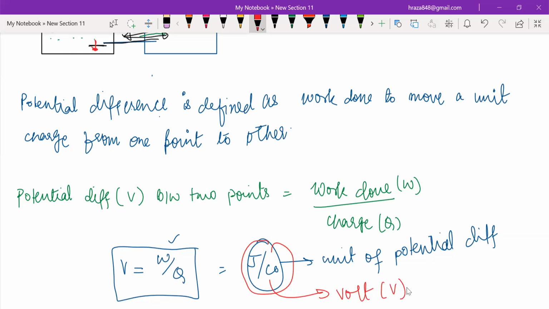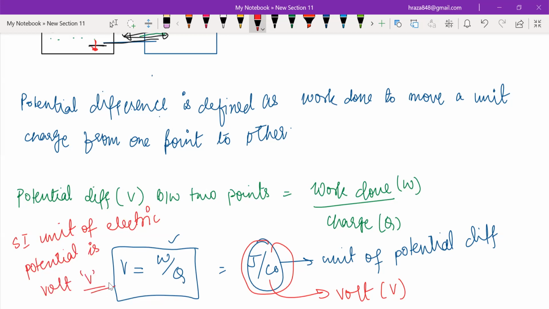Is that clear? Yes, sir. So the SI unit of electric potential is volt, that is V. Please do write. And we got a formula on which we are going to do a question.